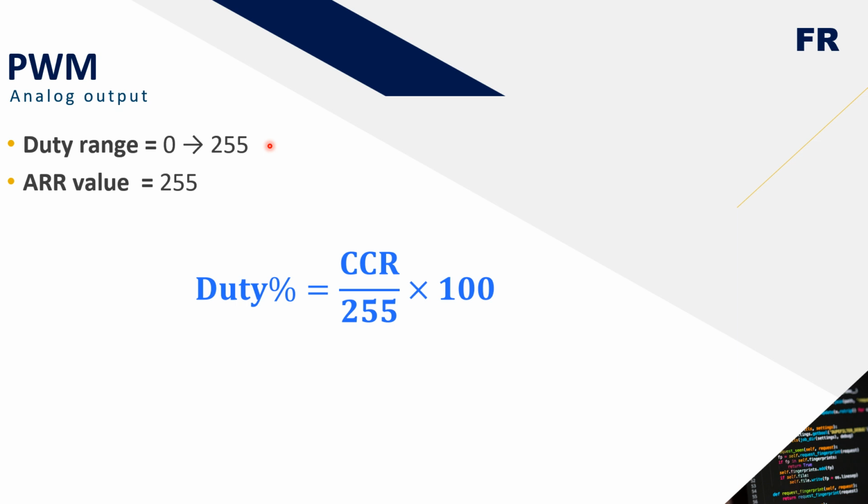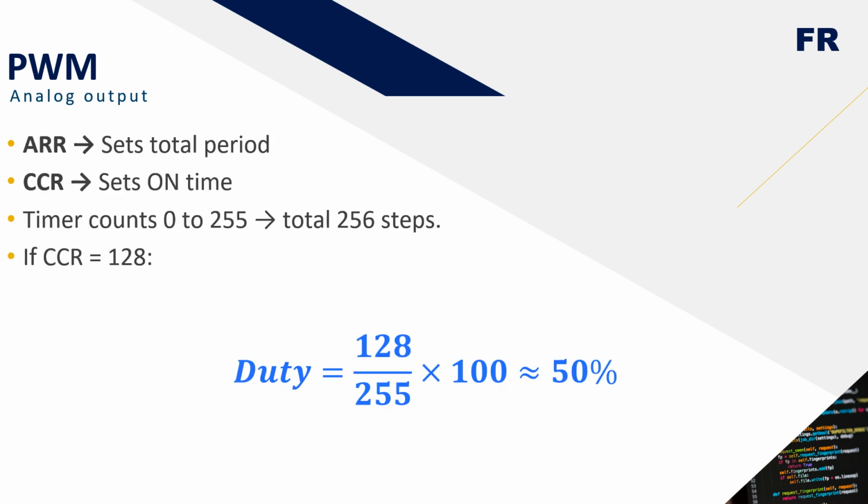For storing this highest value, we are going to use ARR, the auto reload register. Here this is your on time, which is stored in your CCR, the capture and compare register. This value is continuously compared with the value 255. Suppose the CCR contains the on time, and the on time is 128.